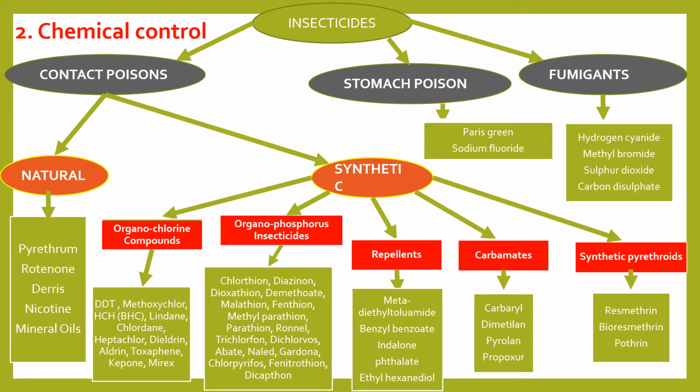Then the next one is chemical control, where we can use various insecticides such as contact poisons, stomach poisons and fumigants.